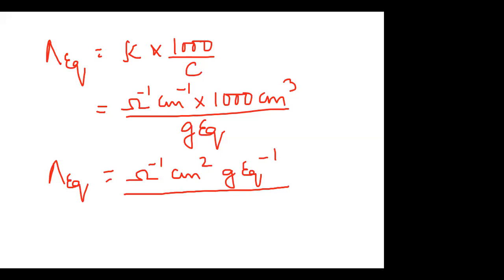Now, what is the importance of using this equivalent conductance? Why are we talking about equivalent conductance? To understand that, we must know that 1 gram equivalent of any electrolyte will always involve the same number of electrons. On what does the conductance depend?